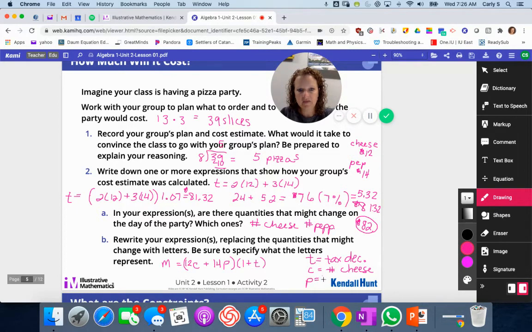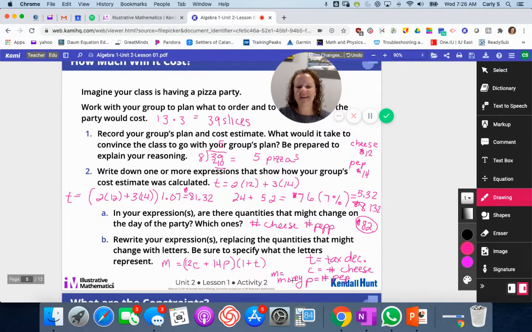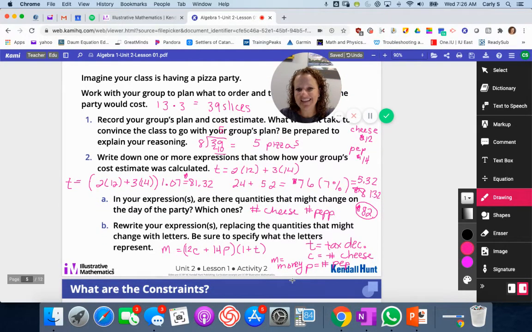P equals the number of pepperoni pizzas. And M is, why did I use M? Oh, the money. So the amount of money you spend. Got it. Good job, team. Now, it did say to be sure to specify what the letters represent, so we did that.